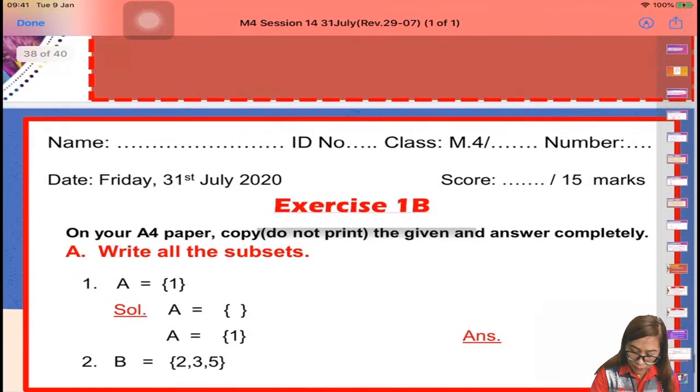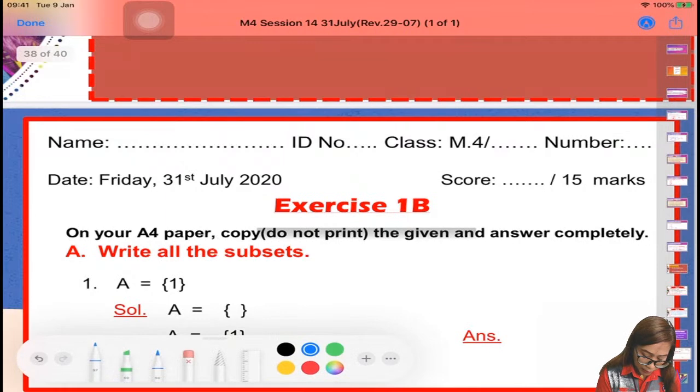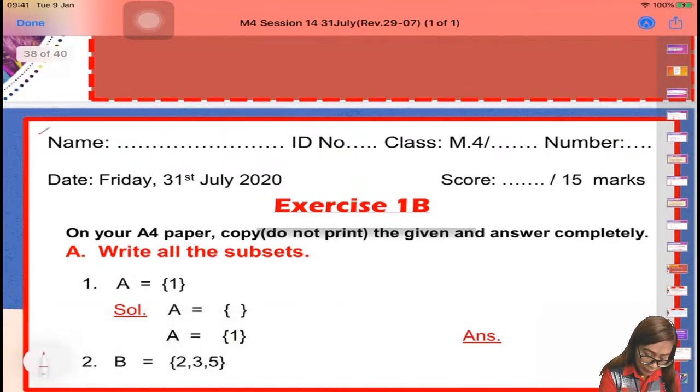Okay, if you do the work, try to remember that you should write your name and ID number, because I learned that some of your numbers are changed. So please write your ID number, class number, and then Friday, 31st July, today, and the score is over 15.